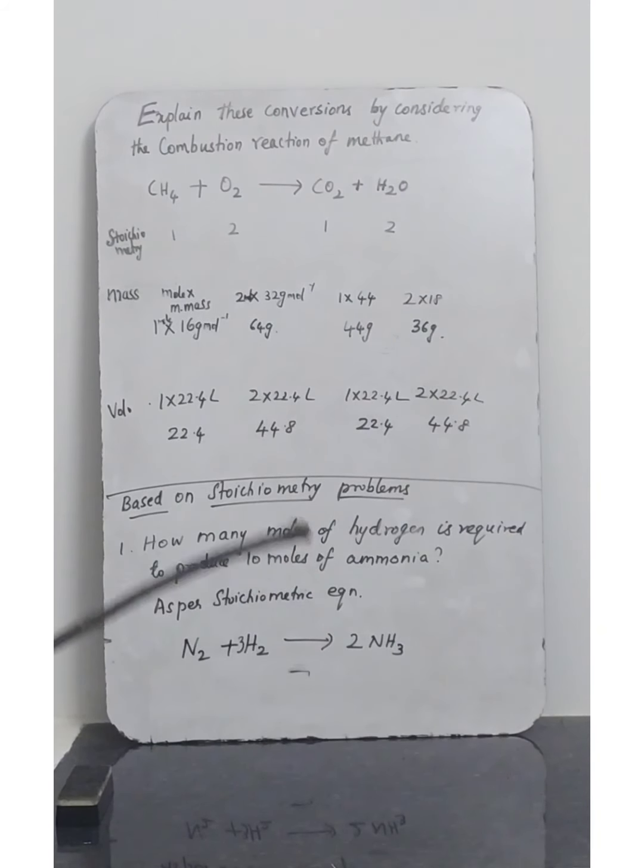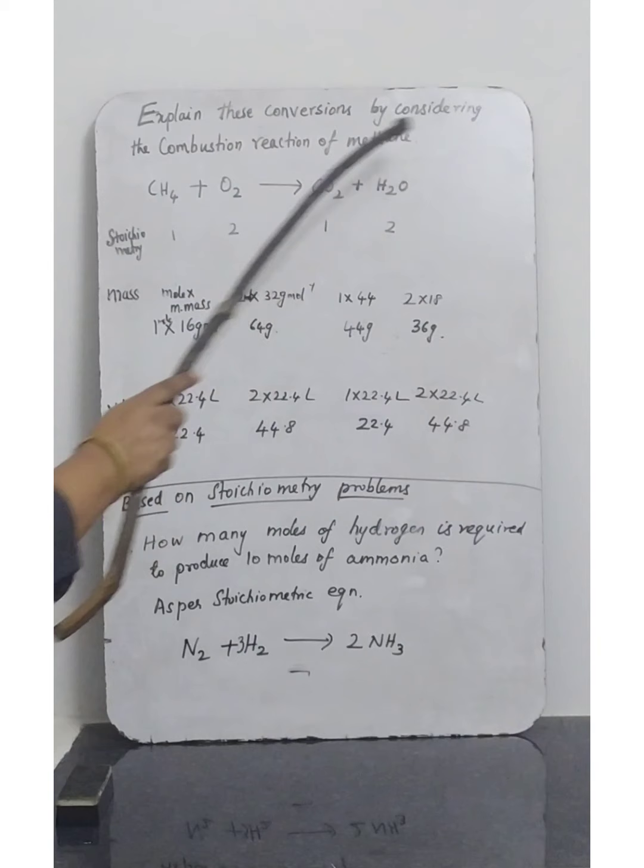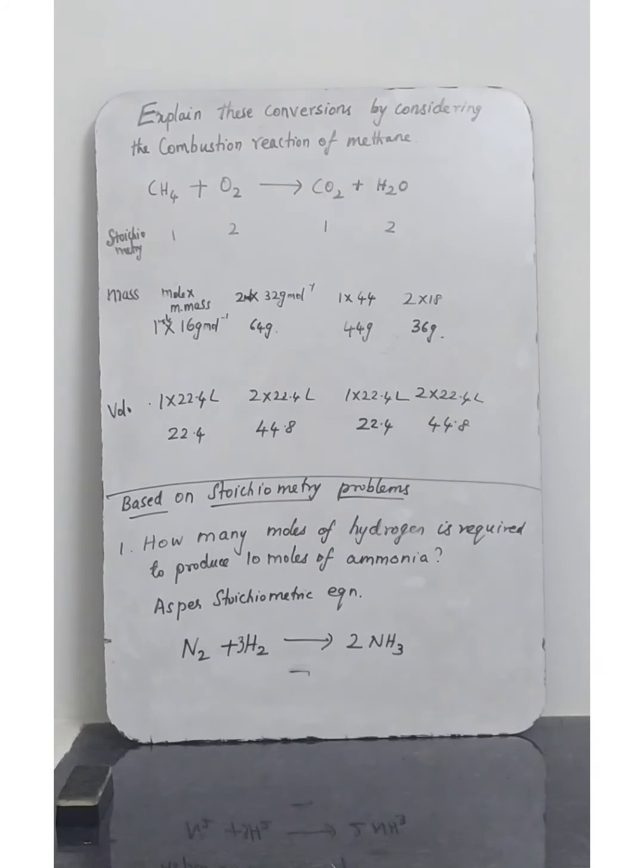Now, explain this conversion by considering the combustion reaction of methane. What conversion? Already we have discussed, that is nothing but the number of moles they are asking to calculate. If mass is given, it is mass divided by molecular mass or atomic mass.